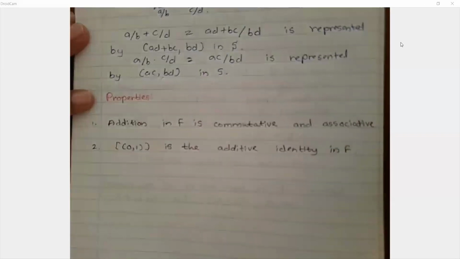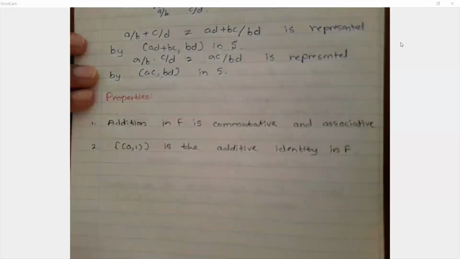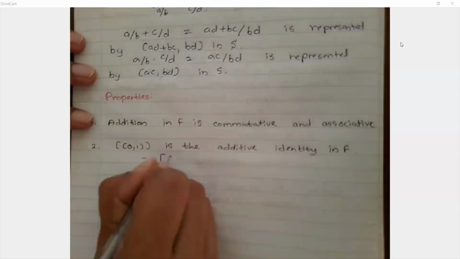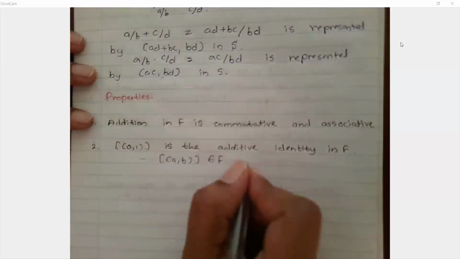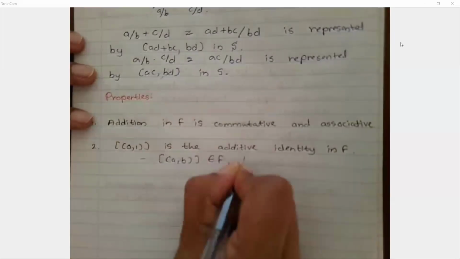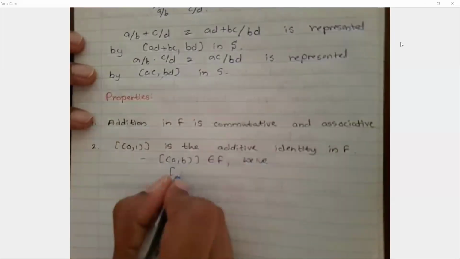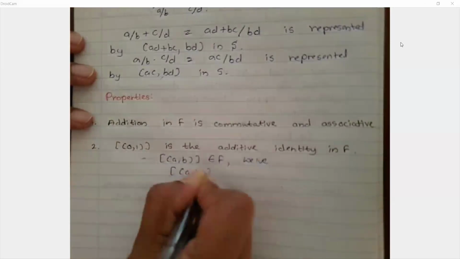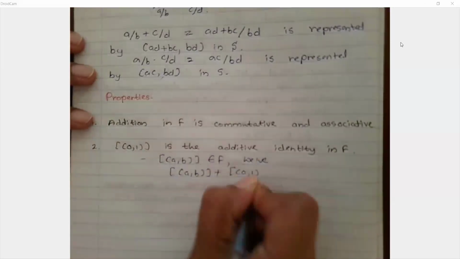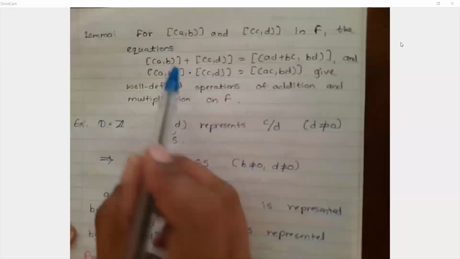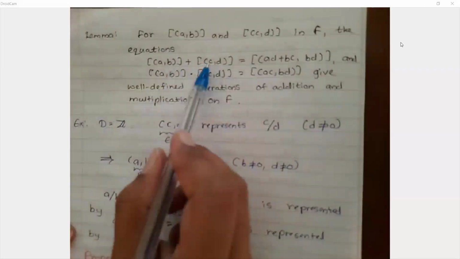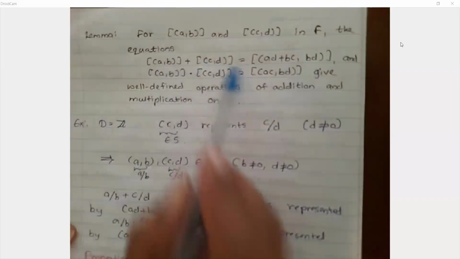To see this, let's take one element from F. Let's take this equivalence class (A, B) in F. Then we have this element plus this other element (0, 1) to equal, if you go to the definition of addition, (AD + BC, BD).